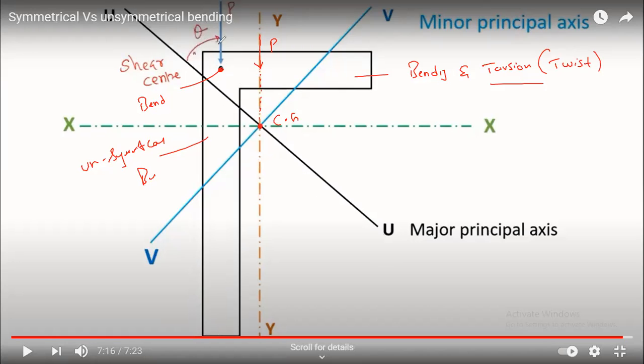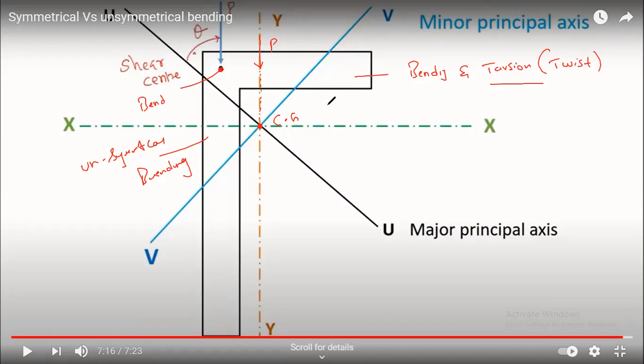Whenever the load makes some angle, these kinds of sections will undergo unsymmetrical bending. So this is the concept of unsymmetrical bending for both symmetrical and unsymmetrical sections.